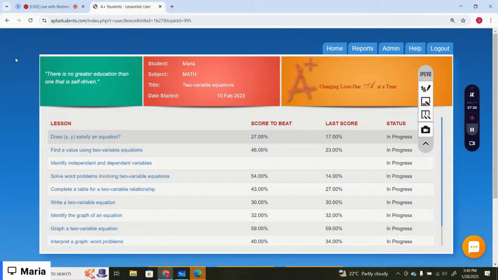The lessons we have covered from the chapter are: complete a table for a two variable relationship, write a table, write a two variable equation, identify the graph of an equation, and graph a two variable equation.